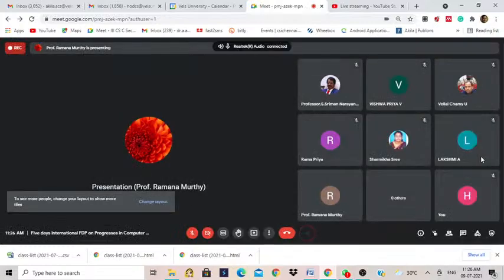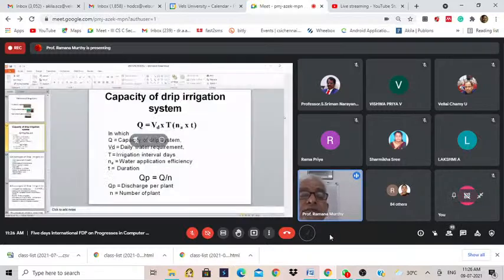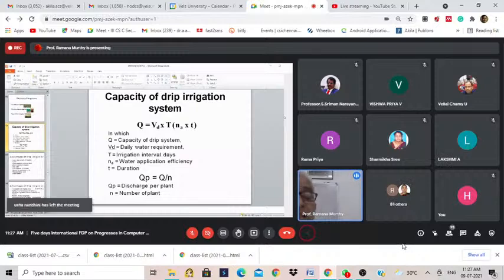Using the formula, you can always design the capacity of the drip system, in which Q stands for the capacity of the drip system. V suffix D is the daily water requirement. T stands for irrigation time interval, how often you wish to irrigate. Next is the water application efficiency, and T stands for duration.